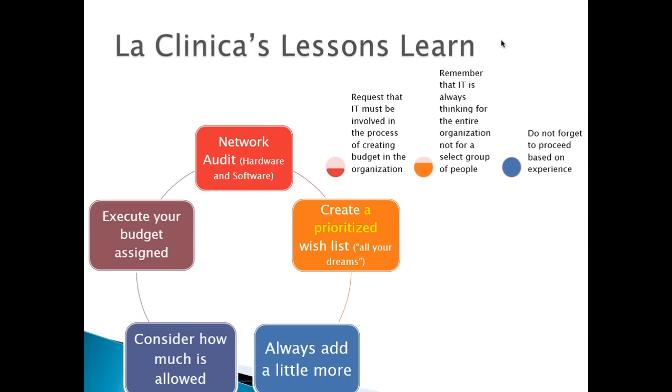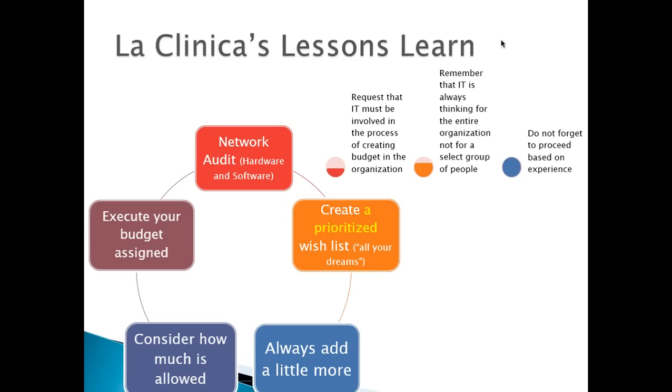Always add a little bit more, because the financial people will say, we can't give you that. We can't give you everything because they might not see that you need it. But it's important that you have it. So you have to be ready in this case. And after that, consider how much it is allowed for you to use and execute your budget. That is something that I can say.